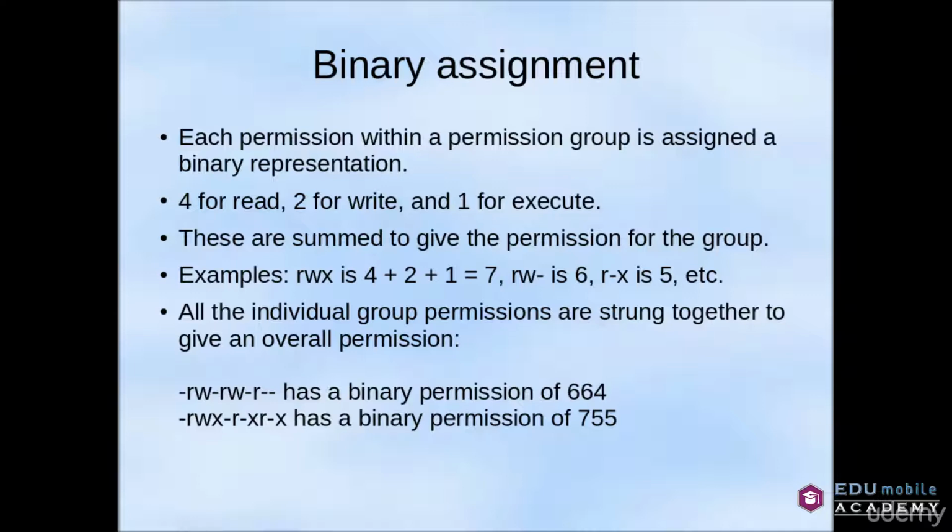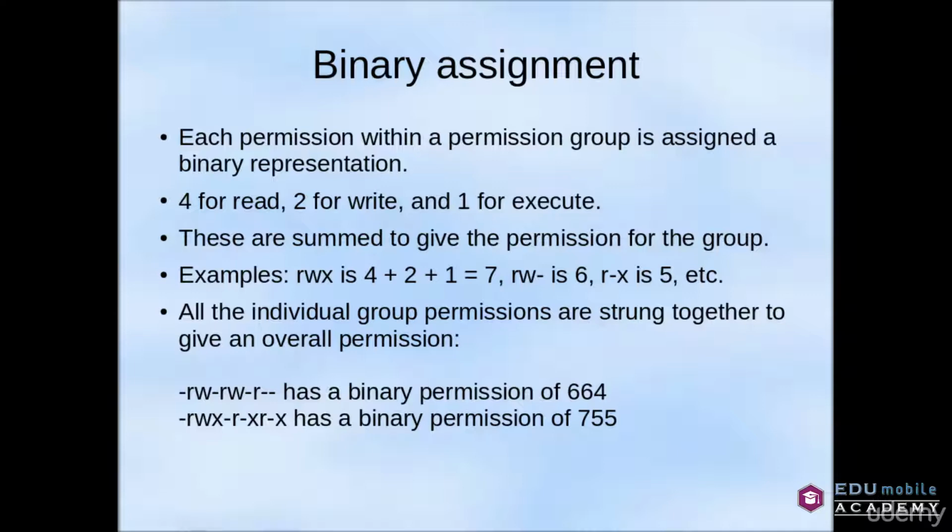The execute takes the ones place. So the execute bit is 1, the write bit is 2, and the read bit is 4. So going from the right to the left, the first bit is for execute, the second bit is for write, and the third bit is for read.